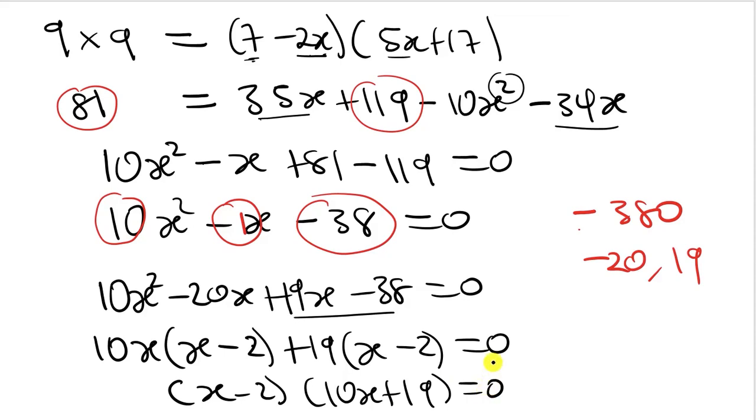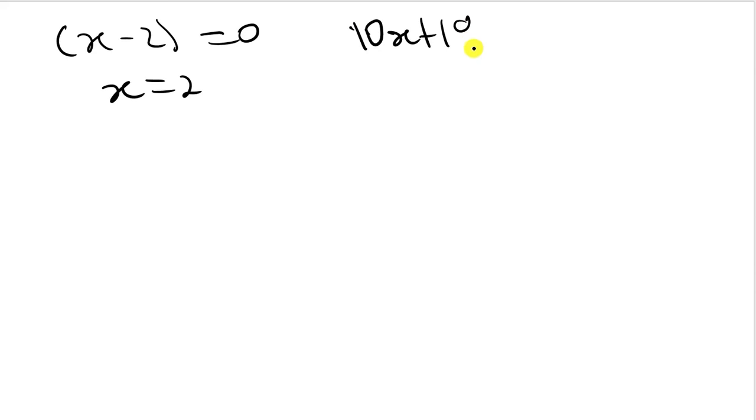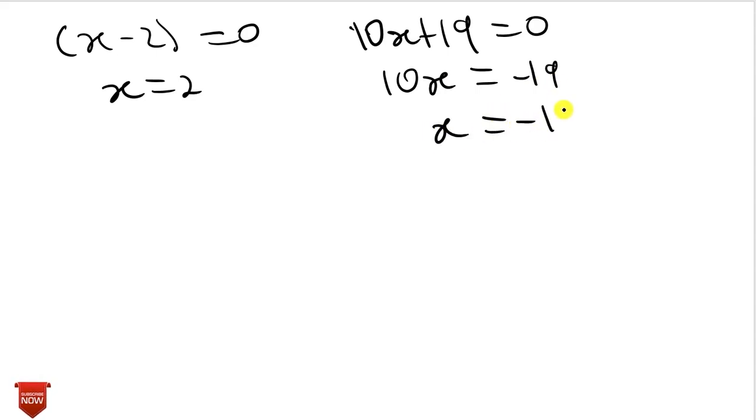So we equate each linear factor to 0. We have x minus 2 being equal to 0. This gives us x is equal to 2. And we have 10x plus 19 also being equal to 0. This gives us 10x being equal to minus 19. Now x will be equal to minus 19 over 10, which is the same as minus 1.9.